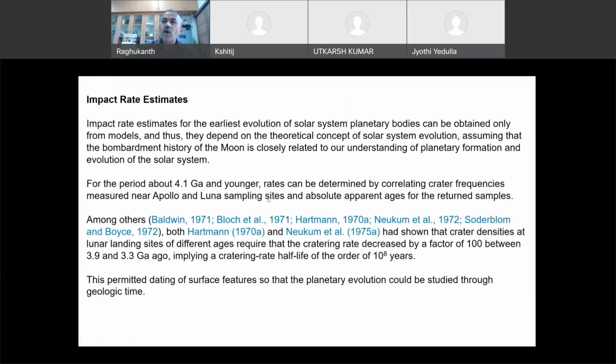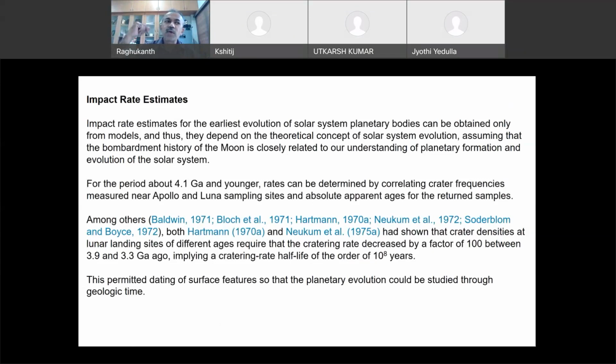There is one very important thing: the cratering rate decreased by a factor of 100 between 3.9 and 3.3 billion years ago. When a planet was formed, the impact rate was huge; then slowly the impact rate decreased. Now what is the impact rate in future, and how is the frequency of impacts decreasing?